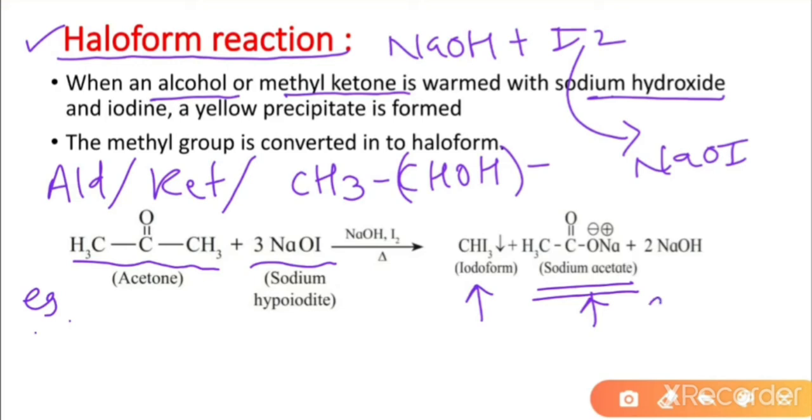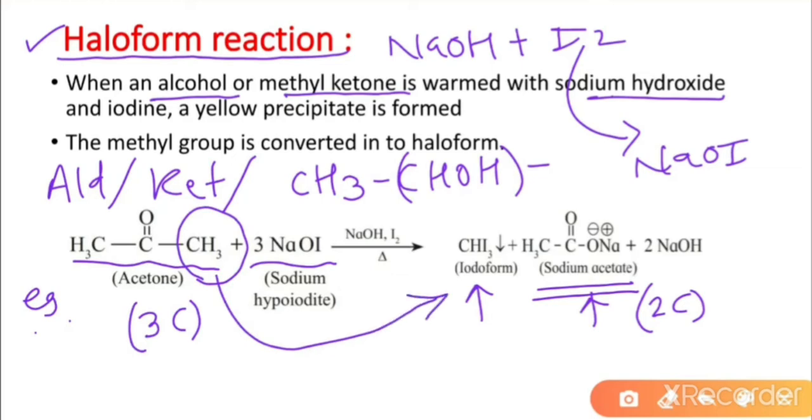Sodium salt of acid contains 2 carbons and acetone contains 3 carbons. One carbon atom of methyl group is converted into haloform.